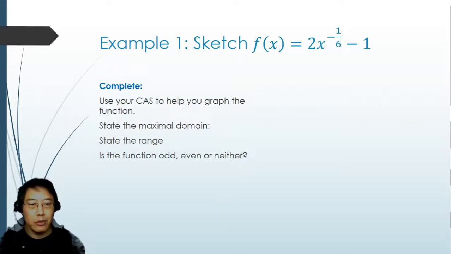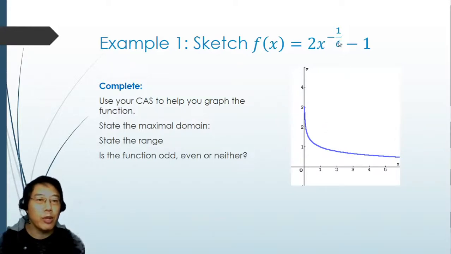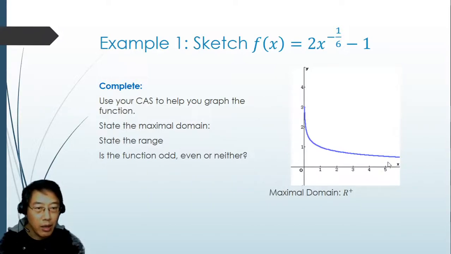Alright, so as we continue, this is the graph. From reading the graph, it seems there's nothing on the left hand side. Make sure you do zoom out, just in case you're missing some of the curve. But knowing the power is even, I know it does not include the negative side, so from the previous slide you should know that the domain is R plus. The range is also R plus.